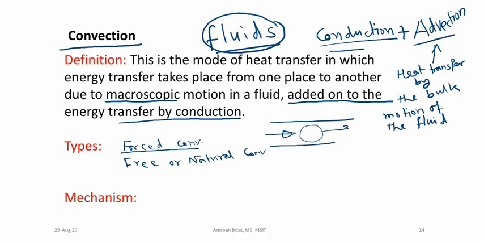Let's take one very simple example. Consider a vertical plate, and suppose this plate is very hot. What will happen? The air in this region will be heated up, and when the air is heated up, its density will become lower.